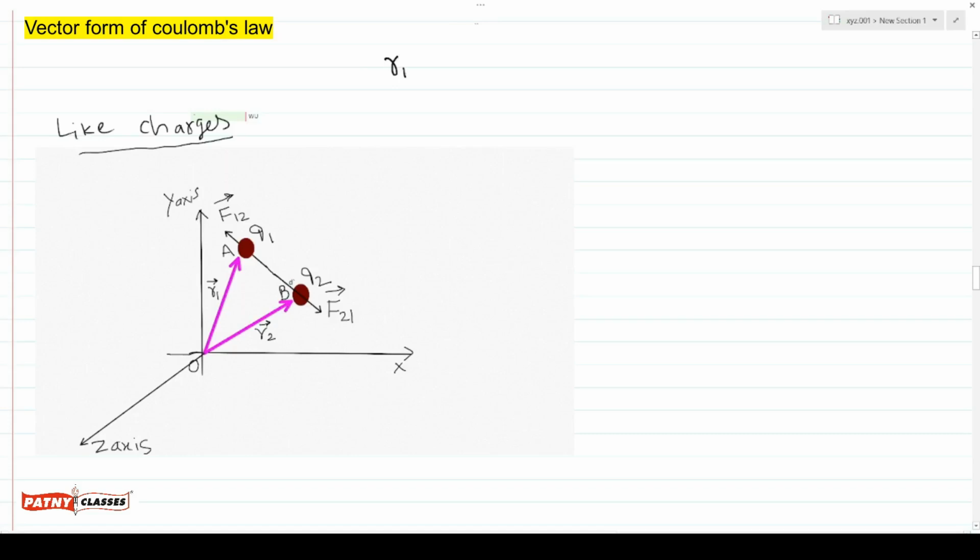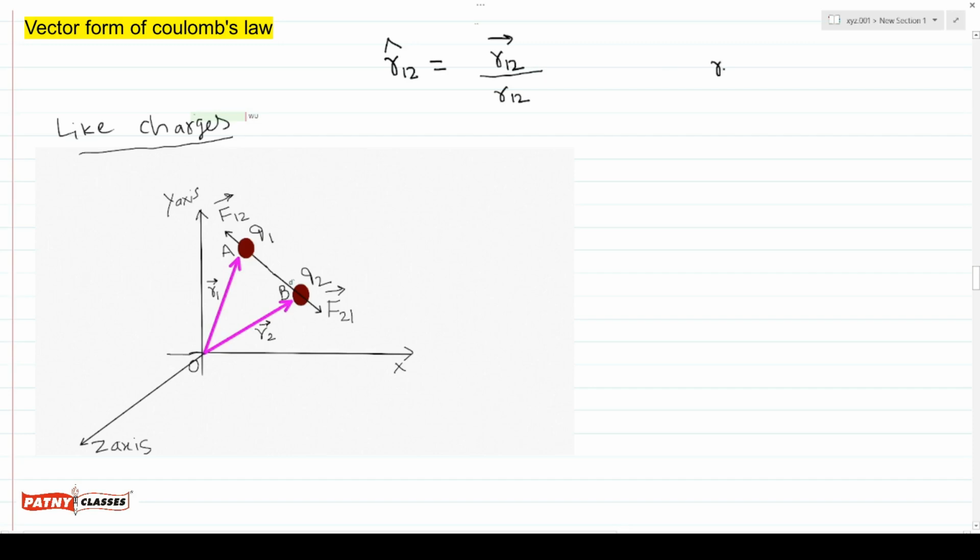Now R12 cap, the unit vector in the direction of AB, equals vector R12 upon the magnitude of R12.